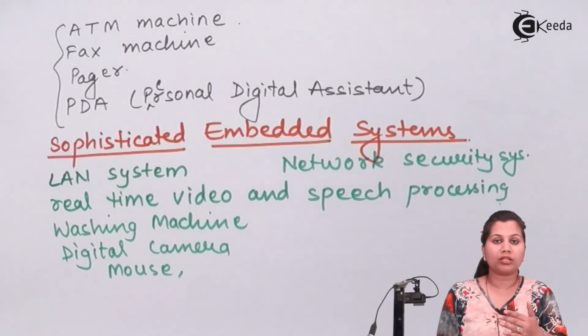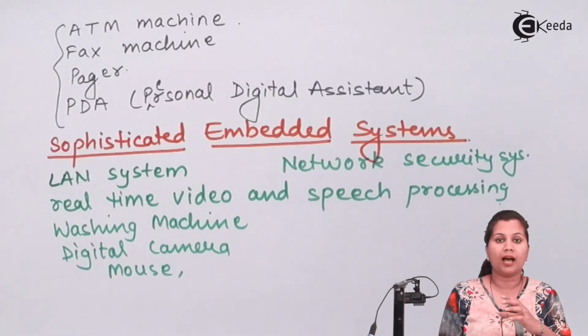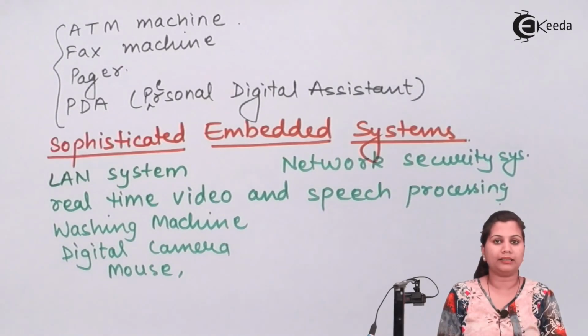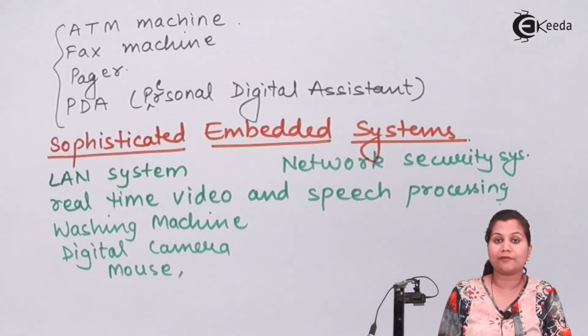We saw the features of embedded systems in these three categories. Also, we saw examples of these systems, how these examples come under this category and what features are required in it. So I hope that this topic, classification of embedded systems, is now clear to you.